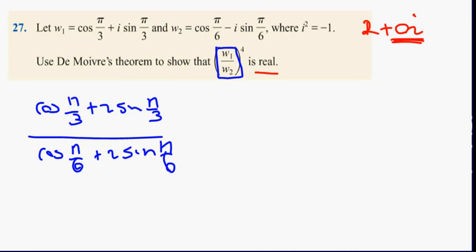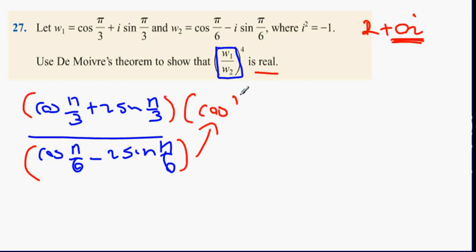Now it's not plus actually, guys, it's minus. Now, first things first, I'm going to bring this as a unit to the top, and I'm going to put it as a negative power. So I'm going to change that to cos pi over 6 minus i sin pi over 6 to the power of minus 1.